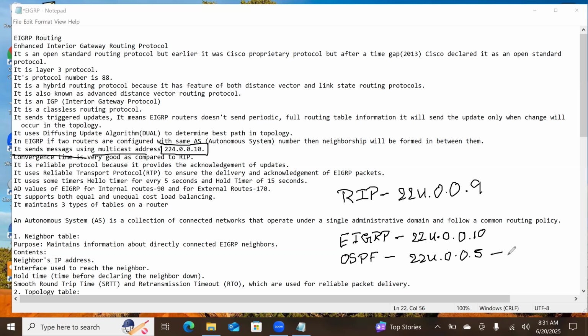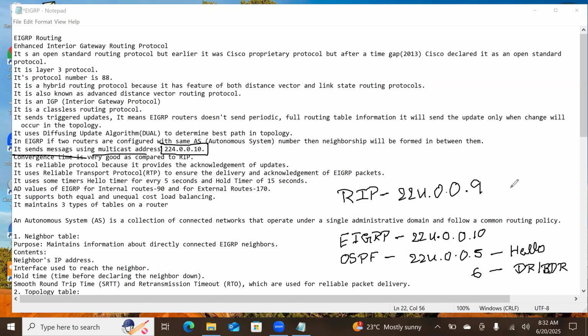5 is used for exchanging the hello packets, and 6 is used for DR and BDR, to exchange the updates from DR and BDR.